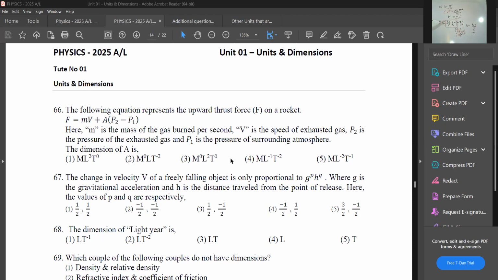V is the speed of exhausted gas. P2 is the pressure of the exhausted gas, and P1 is the pressure of the surrounding atmosphere. What is the dimension of A?